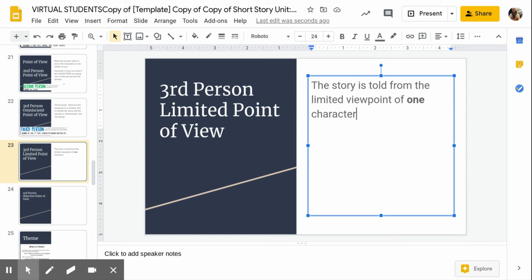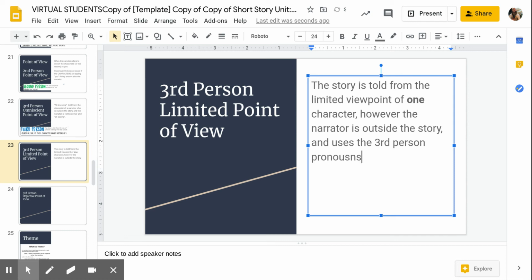However, the narrator is outside the story and uses the third person pronouns. So remember, third person pronouns are he, she, it, they, a character's name. Those are your third person pronouns.